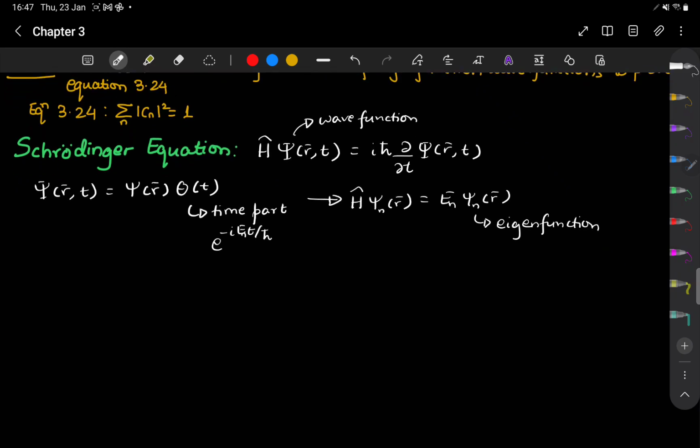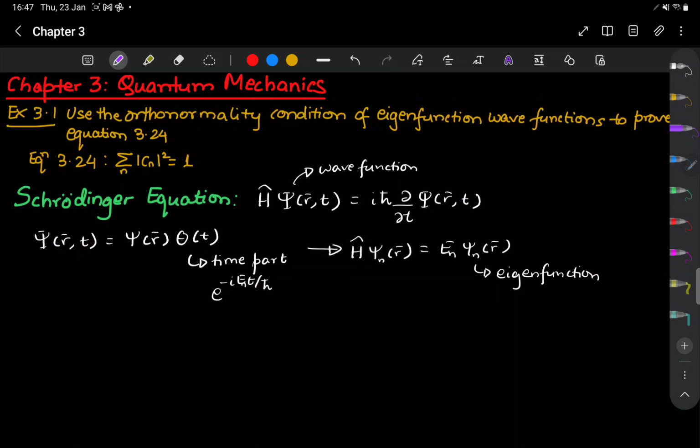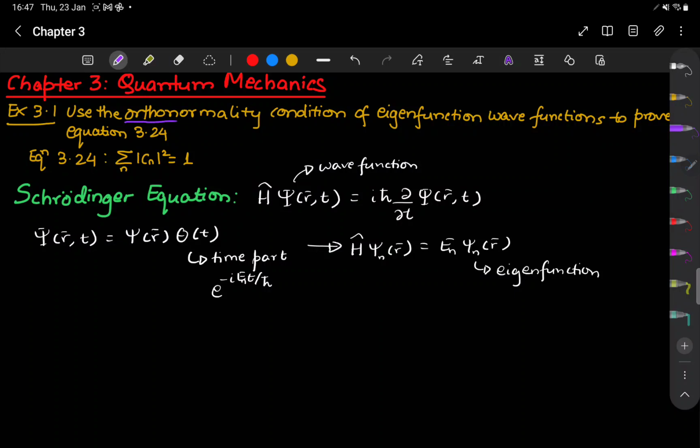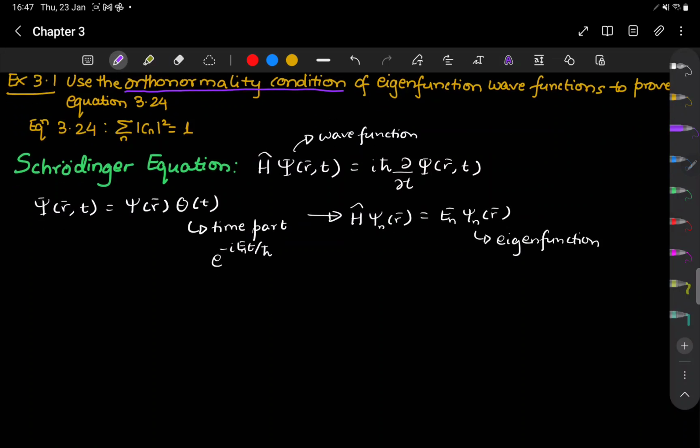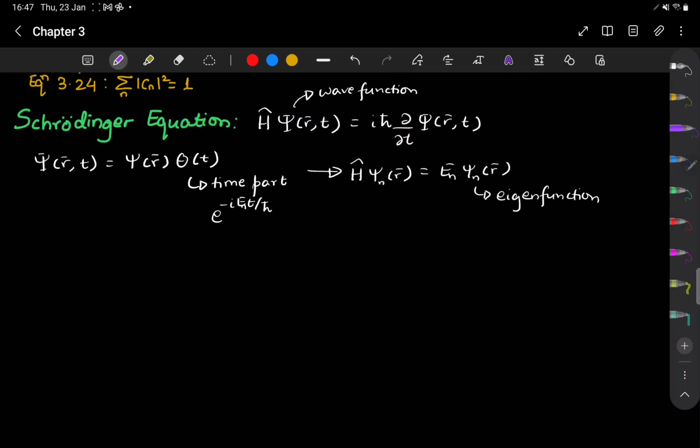Now, since we need to use the orthonormality condition, let me write it down also. It's given as follows.